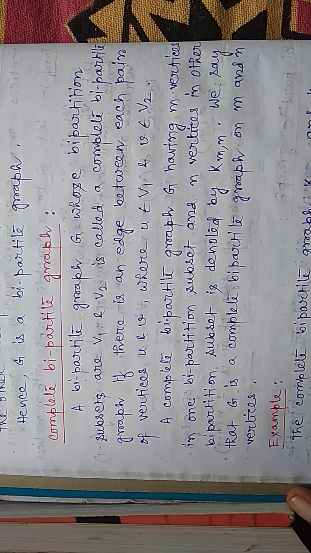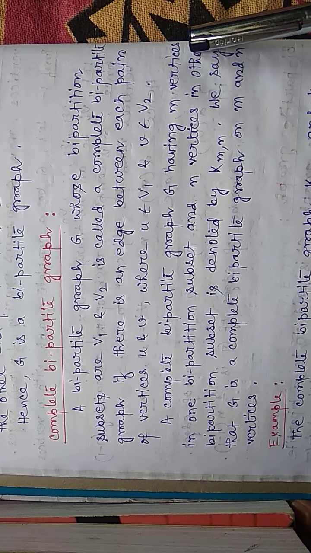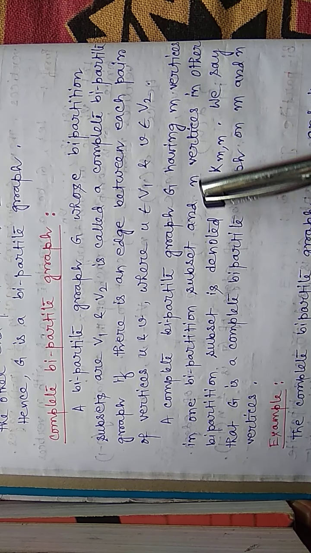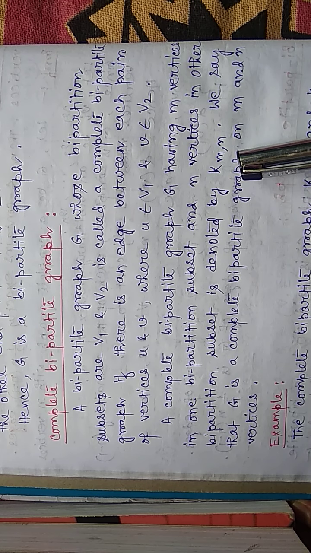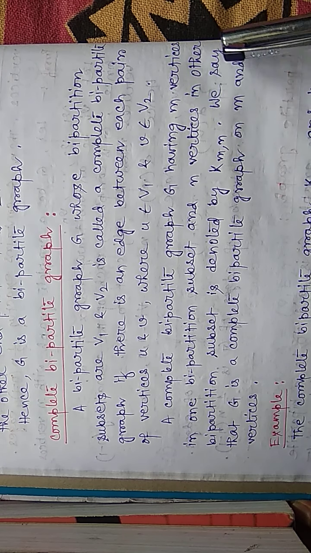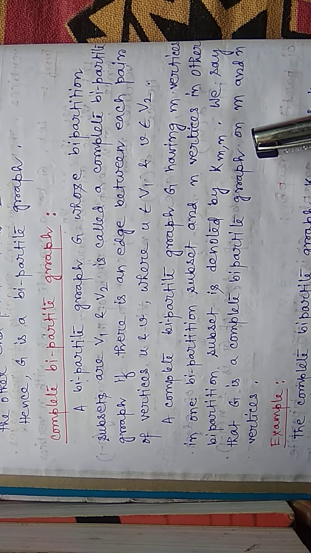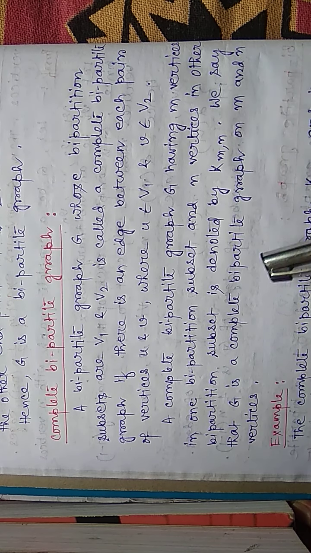A complete bipartite graph G having m vertices in one bipartition subset and n vertices in the other bipartition subset is denoted by K m,n. We say that G is a complete bipartite graph on m and n vertices.